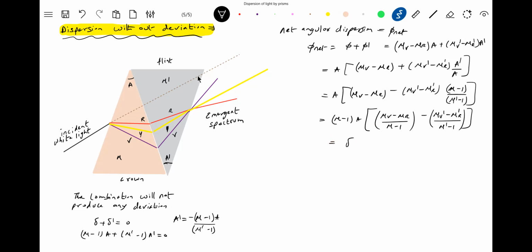There's a deviation. Okay, there's the net expression for the dispersion.